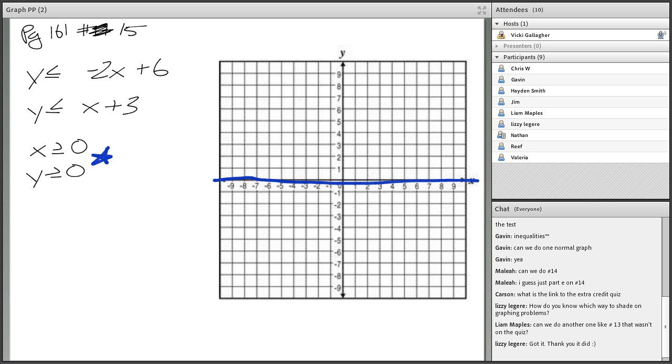It's mandatory for word problems because we don't want to make negative amounts of things. But if it's not a word problem, we don't have to write those. So if these are not written in the problem, then don't graph them. Only graph them if they're written in the problem. So we're going to stay over here and here.